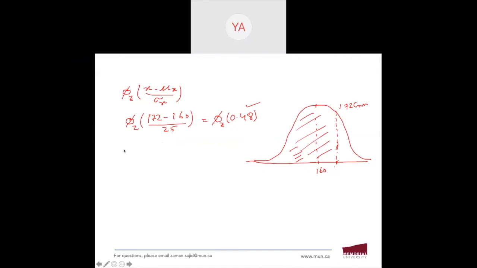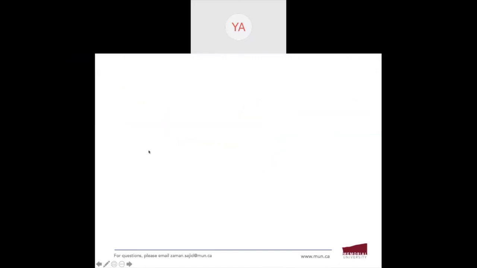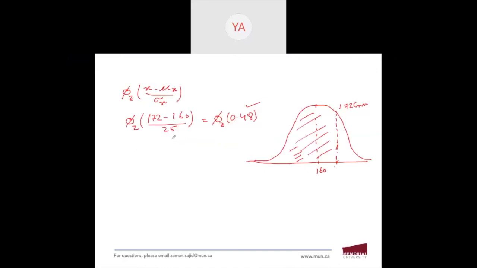So we get 0.684386, or I can say 68.43% of St. John's people would have a height less than Paul's height. That's the area of this one.